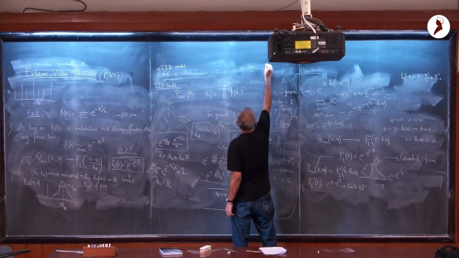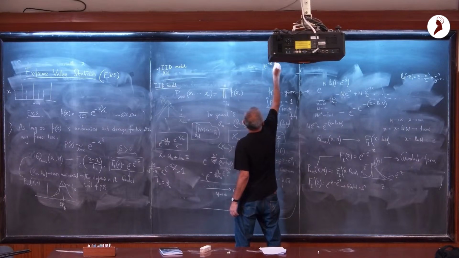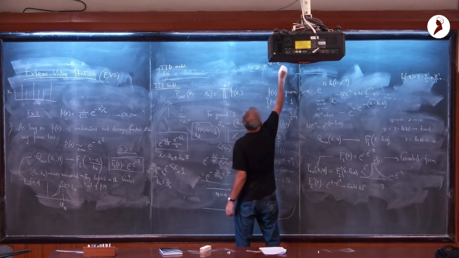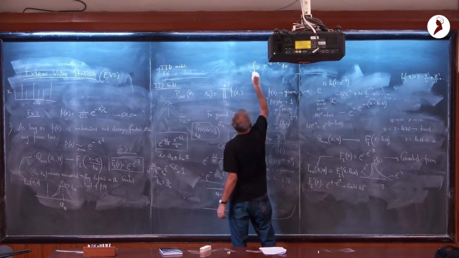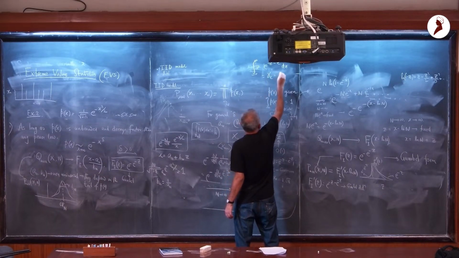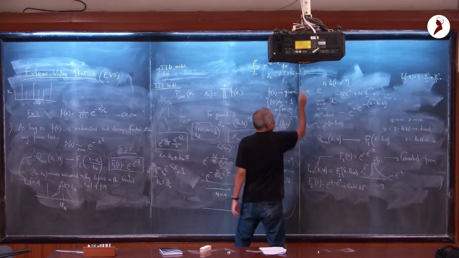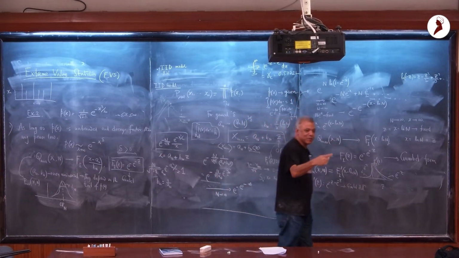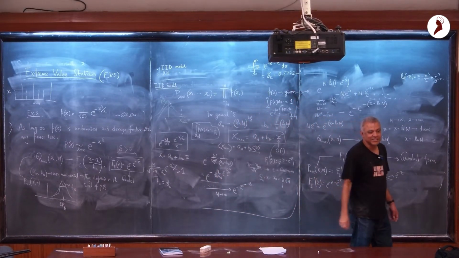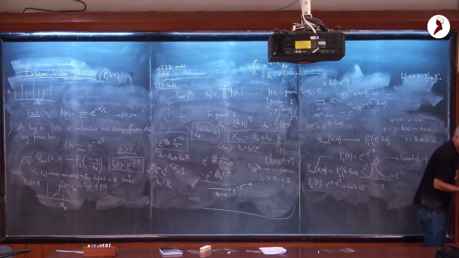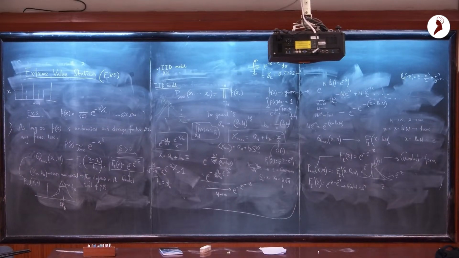If you say the PDF is e to the power minus z minus e to the power minus z, and you calculate its expectation value, you get that number. Once somebody wrote it up to 10 decimal places, of course nobody is going to check, because it was his phone number. People only remember the first 3 decimals.